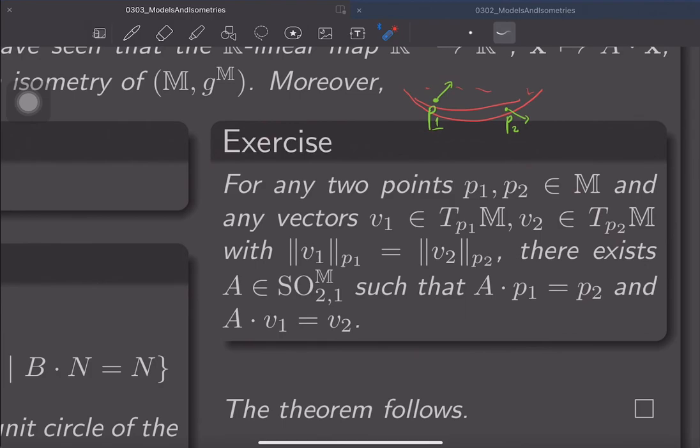If I don't care about tangent vectors, I already know that the action of this group on M is transitive. So I already know that there is at least something that sends this point to this point. Now that one sends this vector to some vector that may fail to be V2, but has the same length as the original one, hence the same length as V2.